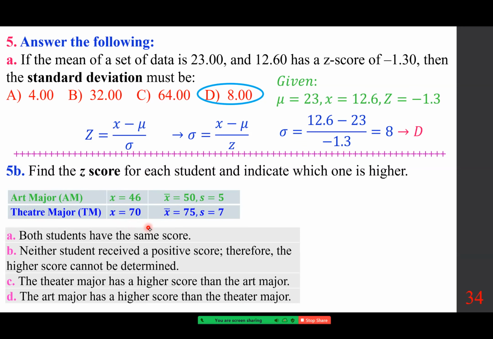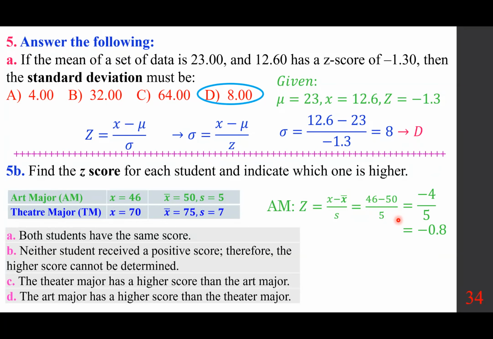For example, for the art measure, x minus x bar, that means 46 minus 50. This is the mean, by the way. X bar is the mean, s is the standard deviation. We divide by 5. We get negative 4 over 5, or negative 0.8.